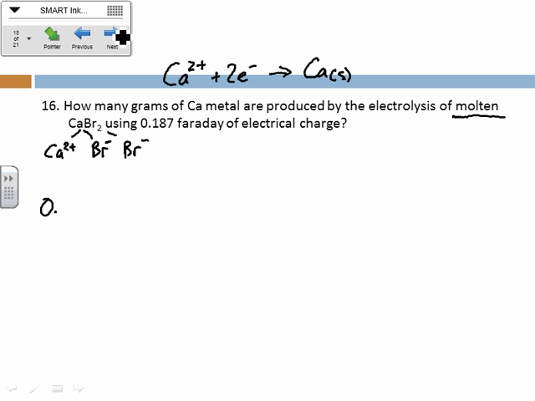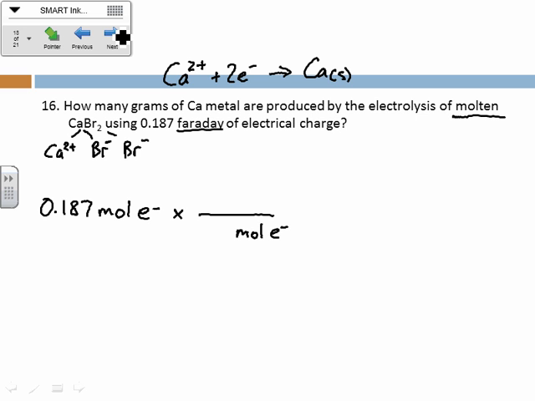Now what we've got here is 0.187 faradays of electrical charge. Okay, Faraday is basically synonymous with moles of electrons, because 1 Faraday is 96,500 coulombs. So when they say 0.187 faradays, basically what they're telling us is that's 0.187 moles of electrons. And it would be good for you to know that. So then this is actually really easy at this point.